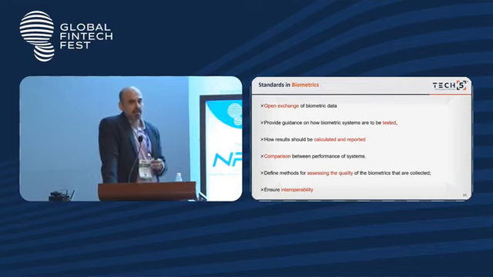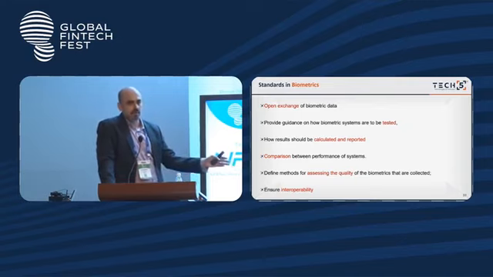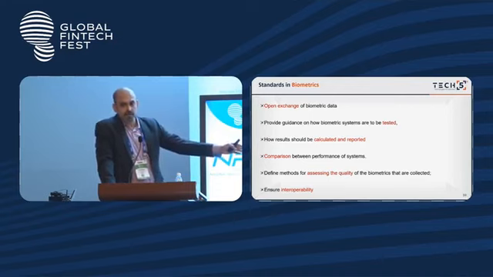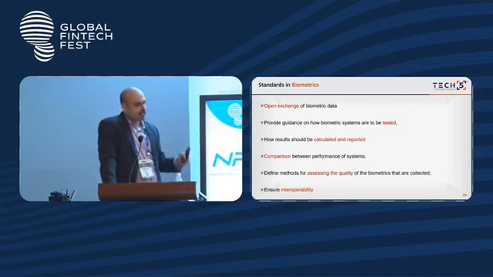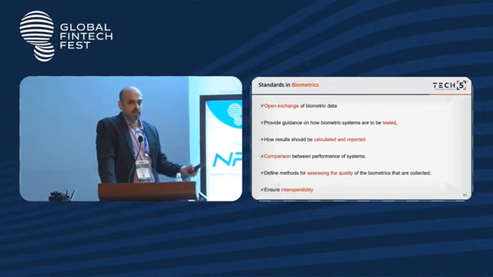So when you have a system that is being deployed for a particular operation, such as enrolling into a central identity like we have done in Aadhaar, a great example would be the Aadhaar-enabled payment system of NPCI, right? If you want to ensure that the same database gets used for authentication transactions, you want to ensure that it meets certain minimum quality levels, and that's where standards are important.